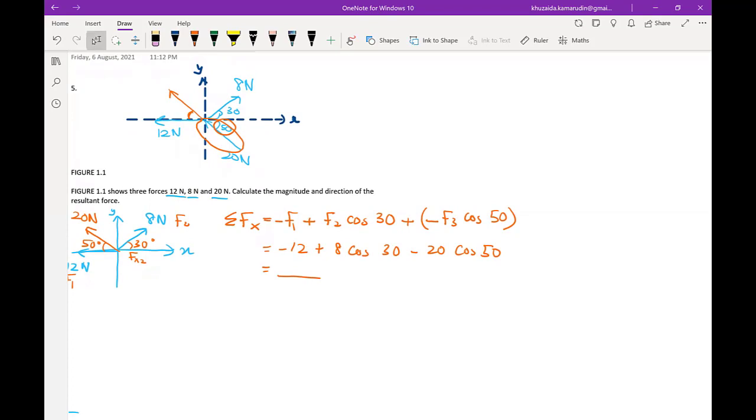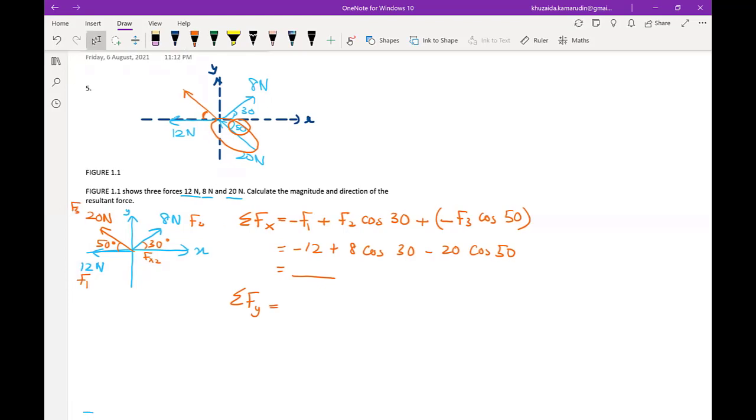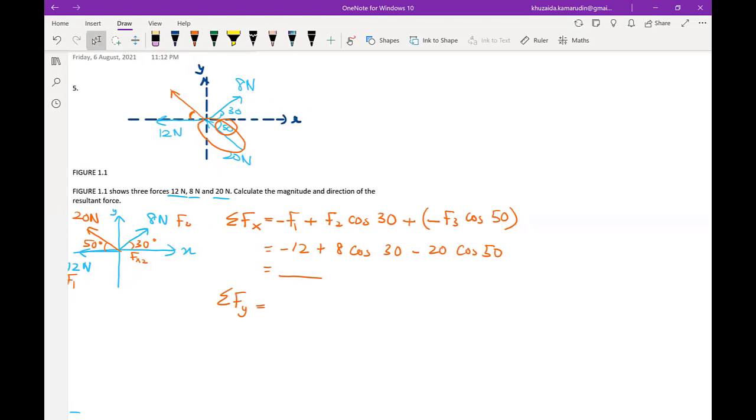Dan kita akan buat pula untuk Y component. So summation of Fy equals to, F1 tadi tak terlibat because dia exactly dalam X component, so tak ada. So terus kepada F2, so what we're gonna have here is F2 sin 30 degrees, and then plus F3 sin 50.